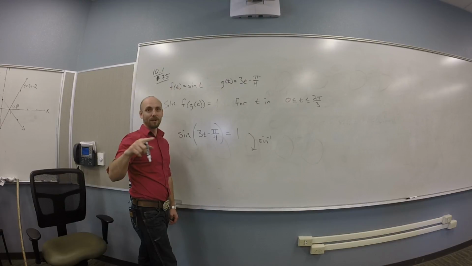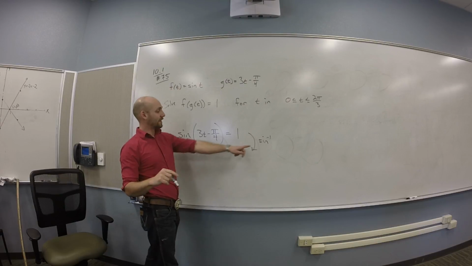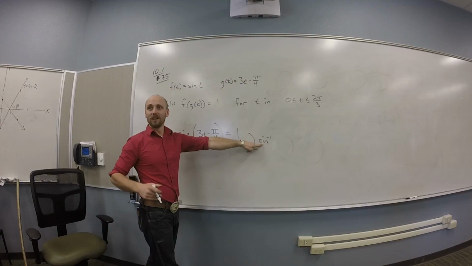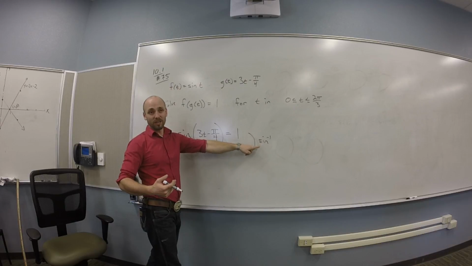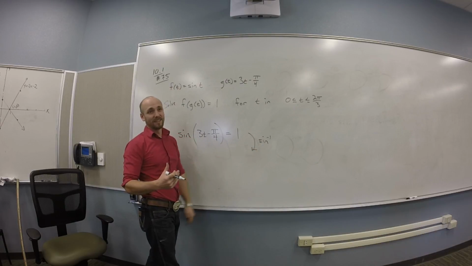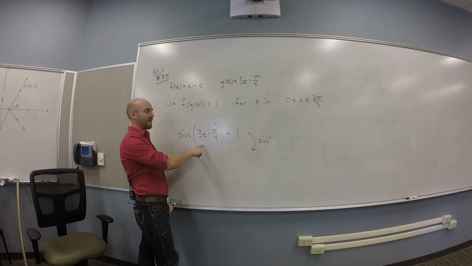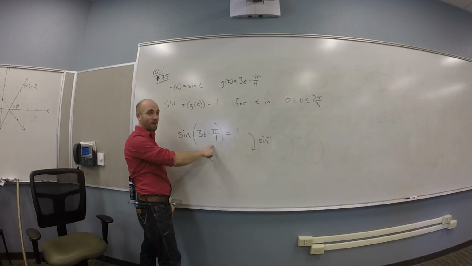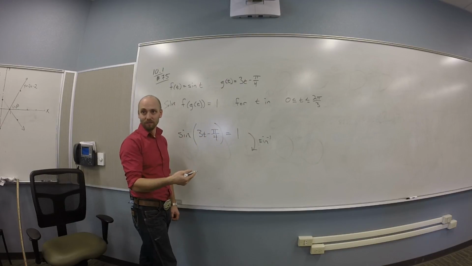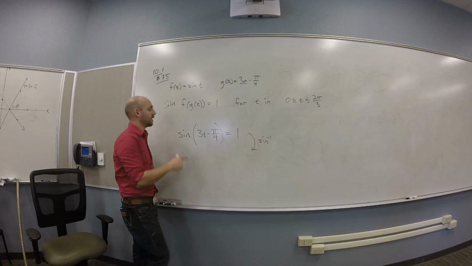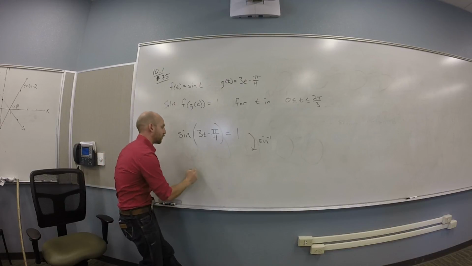But I need to remember that when I made the sine inverse function, I restricted the domain of sine. I may have cut some solutions that I need off. I should worry about that plus or minus stuff. So let's solve this once, and then we'll go back and worry. All right, so I think we should sine inverse both sides.